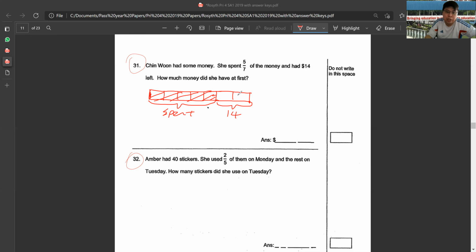So this is how many units? 5/7 plus 14. Wrong. Your concept is totally wrong. It's not this fraction plus 14. She spent 5/7. So left with how much? What's the fraction that's left here?